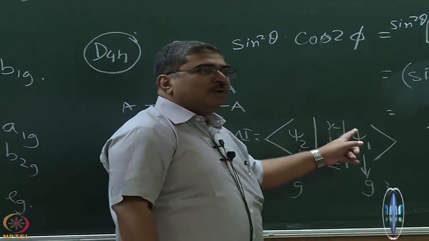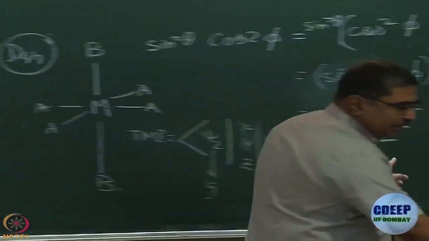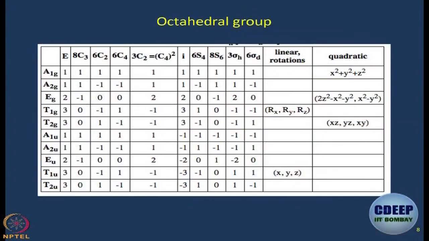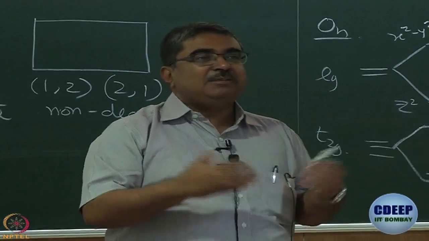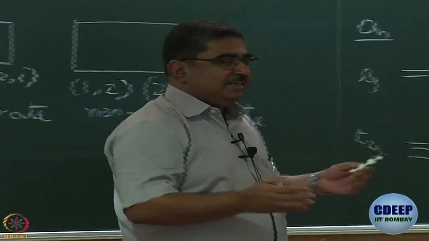What about x? What about y? What about z? Where do they belong in octahedral field? X, y, z jointly form the basis for T1u, right. And in fact, if you are only talking about inversion, you do not have to talk about x, y, z together, just think of x. Isn't it antisymmetric with respect to inversion? Same is true for y, same is true for z. So, this is u.